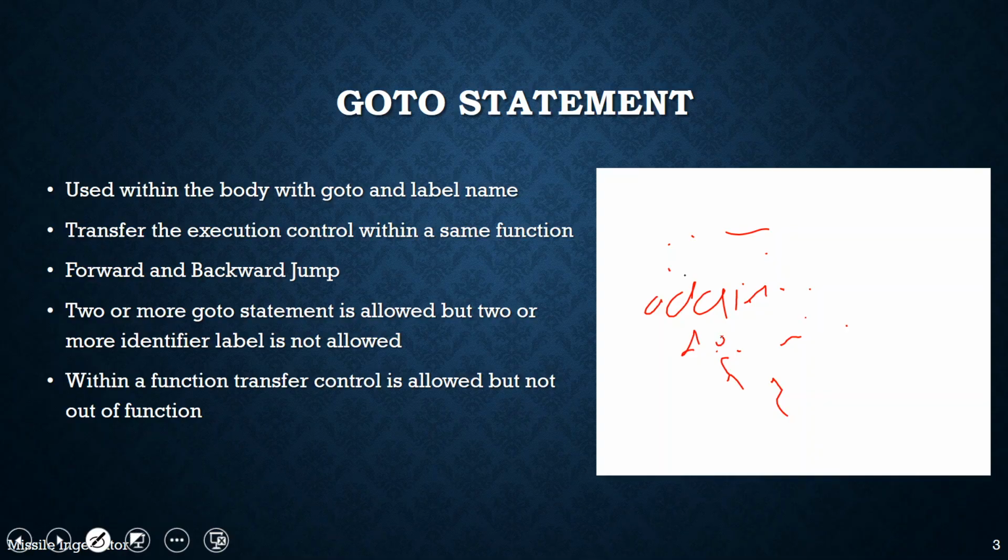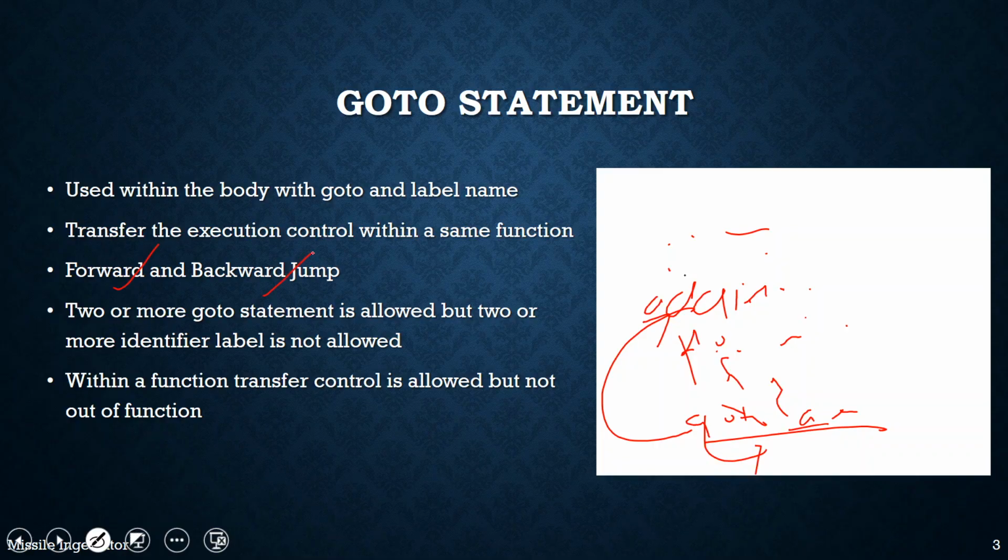I mention goto addition here, so as soon as it encounters this goto statement, it goes backward, executes that flow, and then comes back to the normal execution flow after the goto statement. This is the difference between a forward and a backward jump.